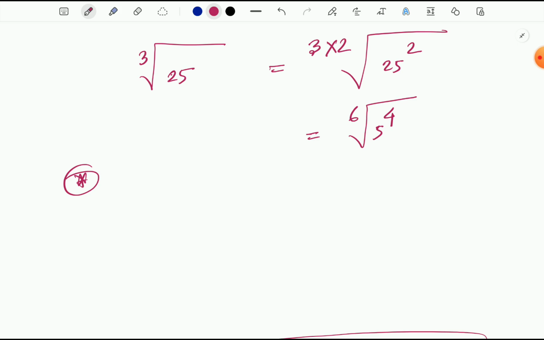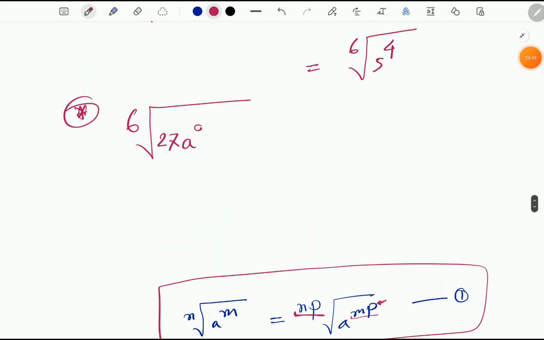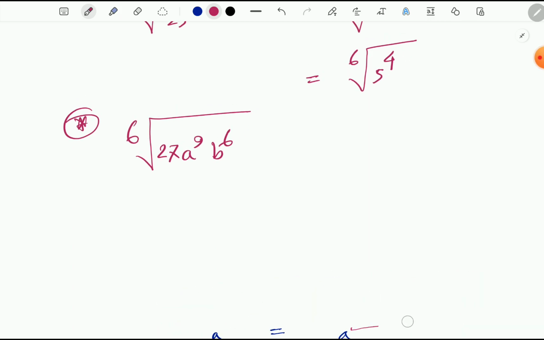Let's write 6 root 27 a 9b6. Okay, we will simplify this problem. So how can we do that? We have 6 here, and inside the root we can write 27 as 3 power 3.